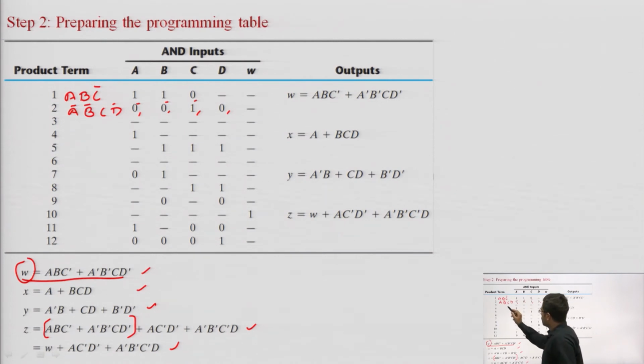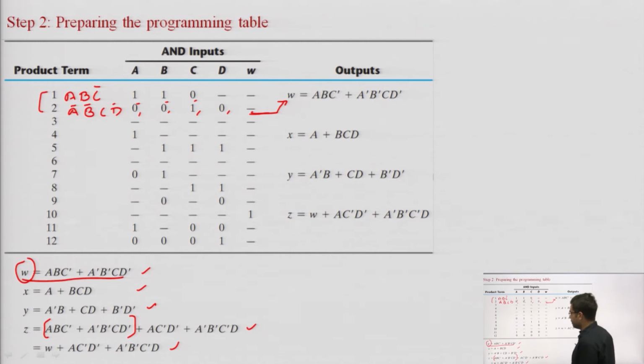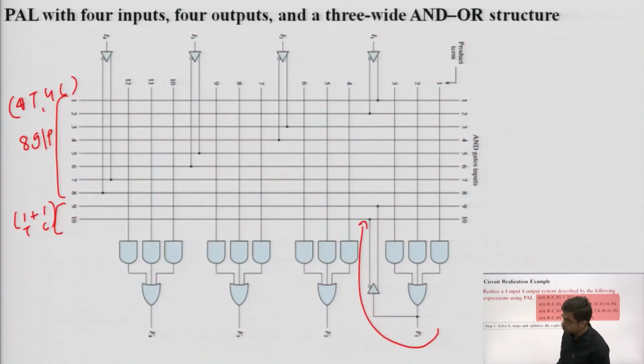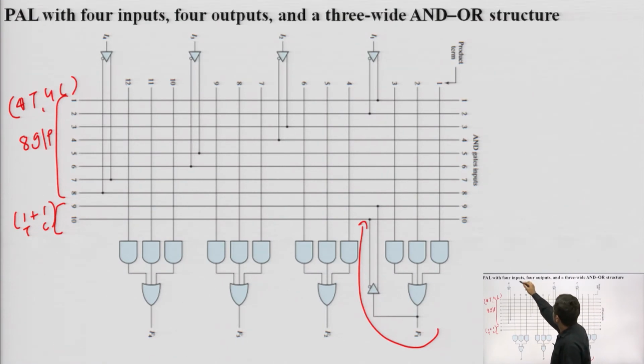So these two terms will be added together to give you W. Similarly, the next two terms, there is only A involved in this thing, so this completely is for W. This has been left blank because it has been mentioned that I have to use a structure which is having 4 input, 4 output and 3 wide AND OR structure.